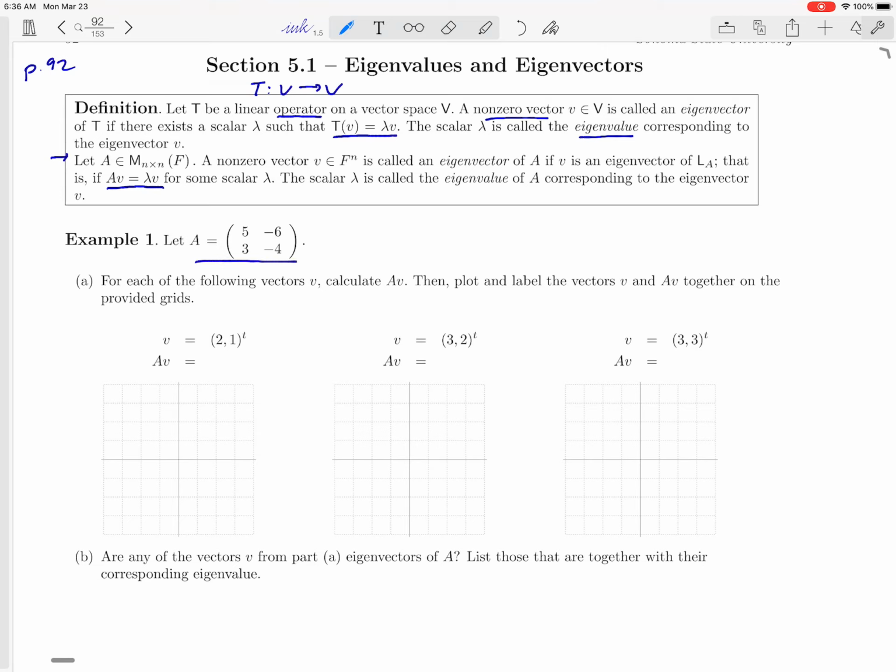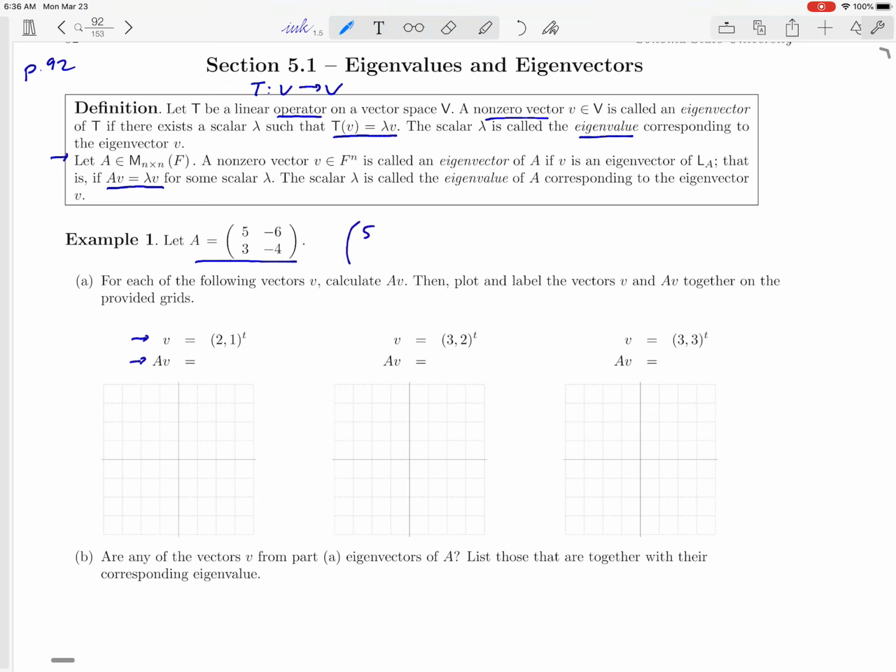In example 1, we will start with a matrix, just a 2 by 2, and we're going to take a few vectors, left multiply this matrix by the vectors, and just see what the behavior is. What comes out? Do these vectors look like they might be eigenvectors? We'll start with the vector (2, 1). They're asking us to take A times v.